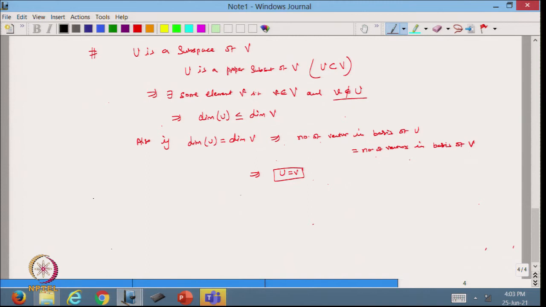Now, there is another theorem we want to discuss, that is called the extension theorem. In the extension theorem, let me take a set which contains elements V1, V2 up to Vk.